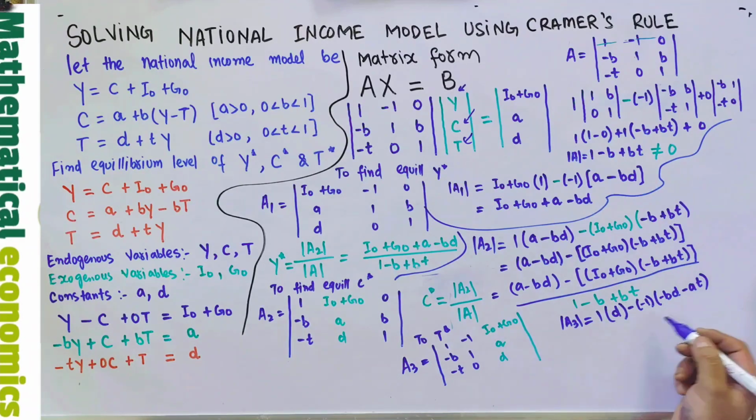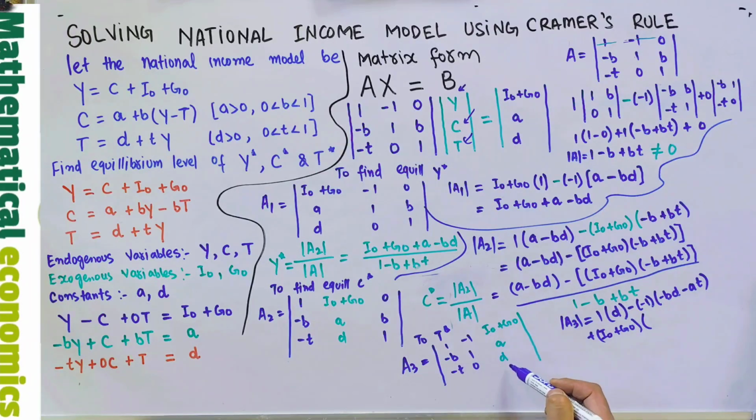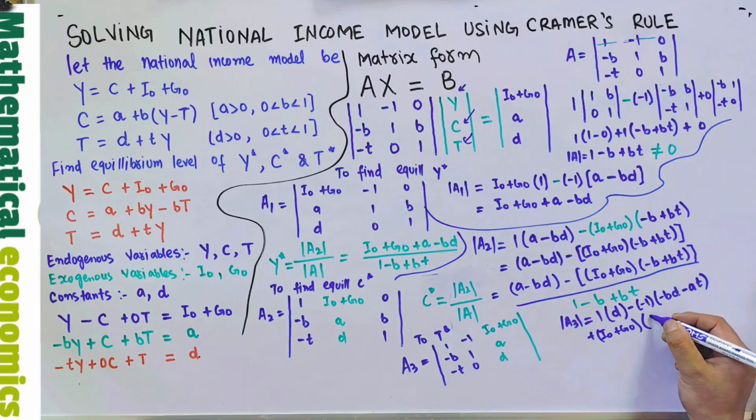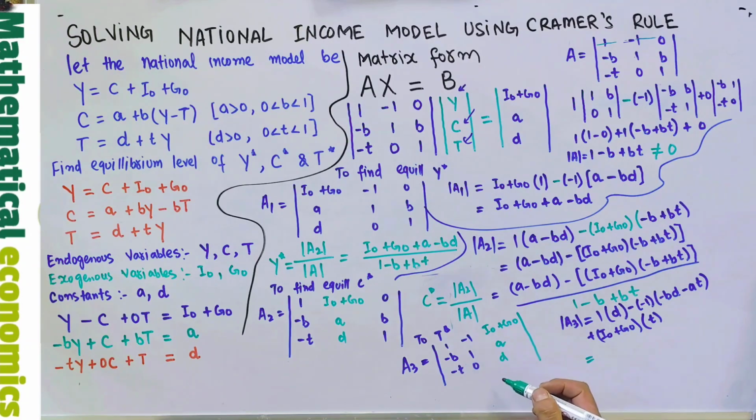Then plus, we have I naught plus g naught, this very element, and we delete this column and this row and take the determinant of the remaining elements. Here you can see we are left with minus b into 0 is 0, and minus into minus is plus, so we will get t here, only t. Solving further, let me see if I have done it correctly.